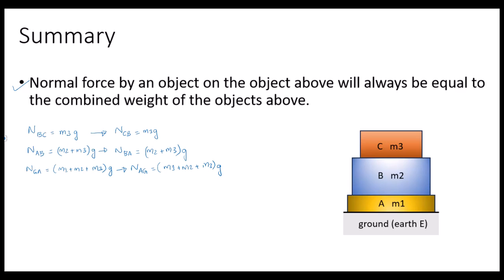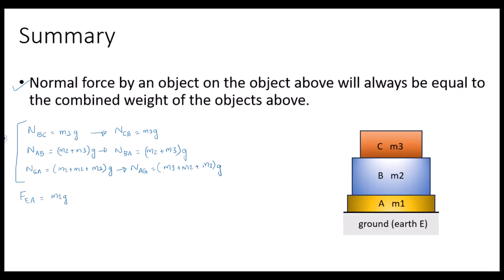So we will have three pairs of action and reaction forces when it comes to normal forces. These are all the three pairs I've drawn. Let's say there is a question: draw all the action reaction pairs as concerned with the force of gravity with the individual objects. Then it will look something like this. There will be a force by Earth on object A that will be equal to the weight of object A, which is m1 times g.